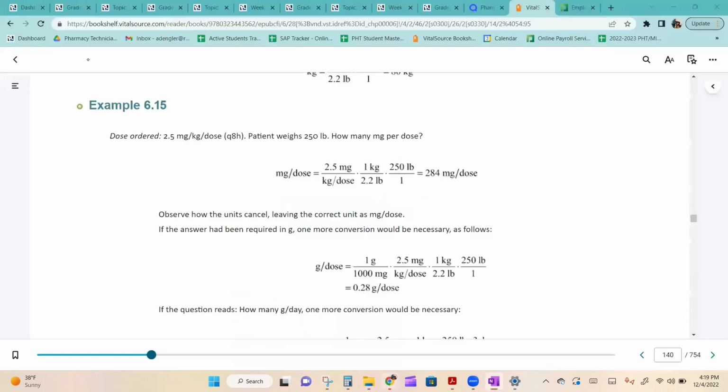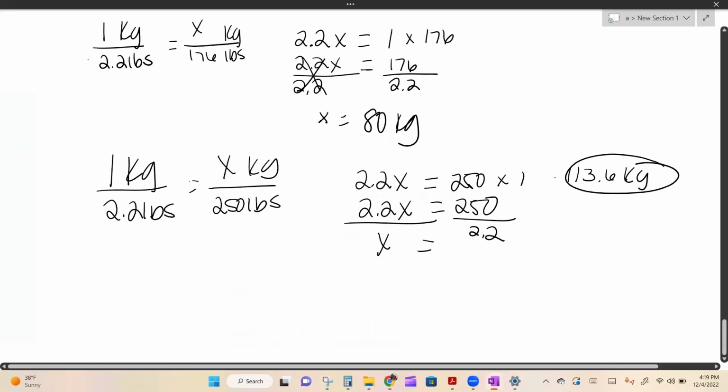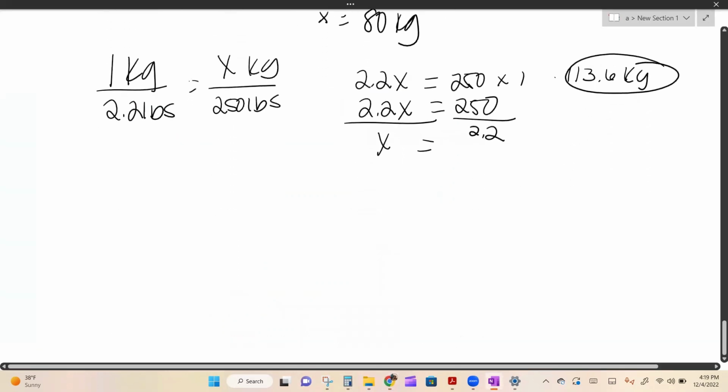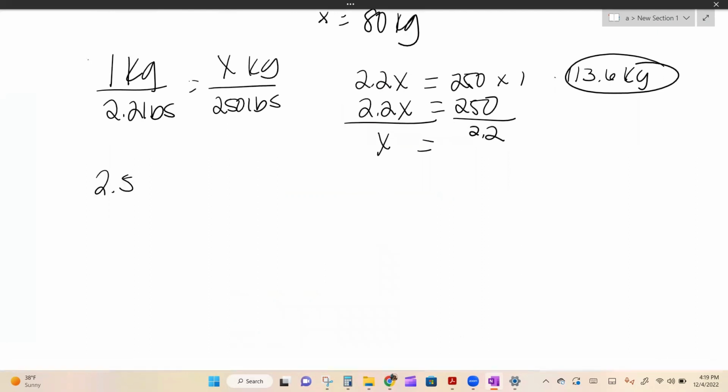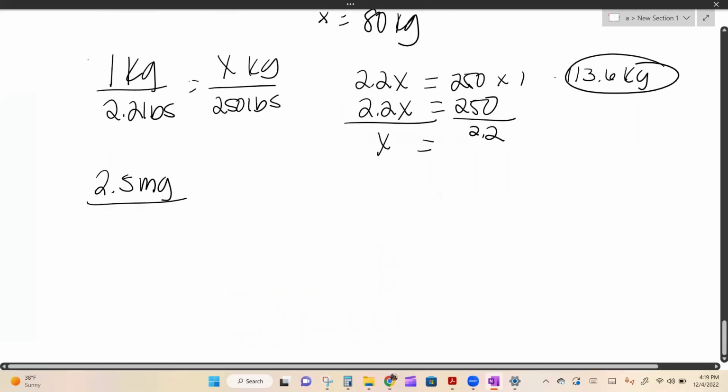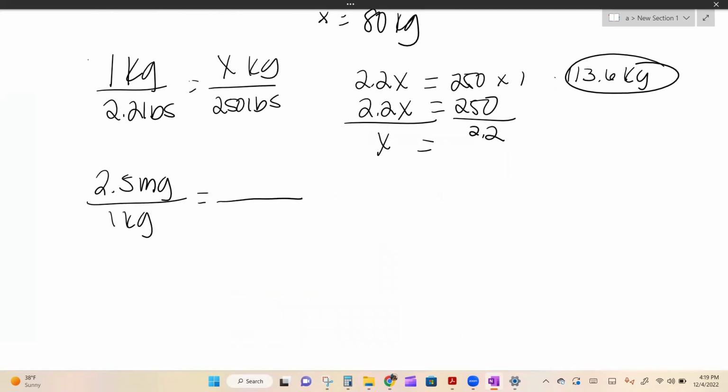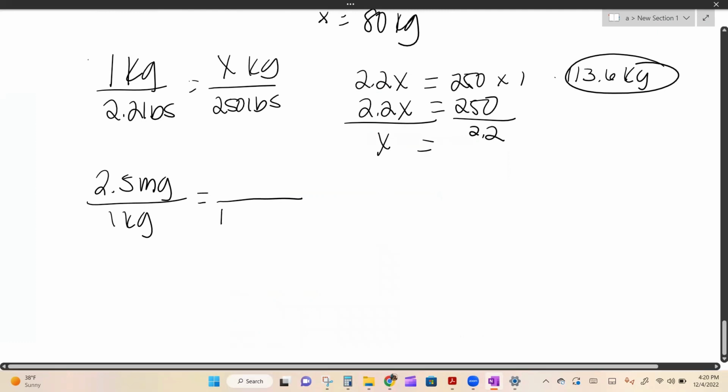The medication should be dosed at 2.5 milligrams per kilogram per dose. So now I'm going to put 2.5 milligrams per kilogram on one side of a proportion. On the other side, I will plug in the 113.6 kilograms that I got from the previous problem, and this would be my x.